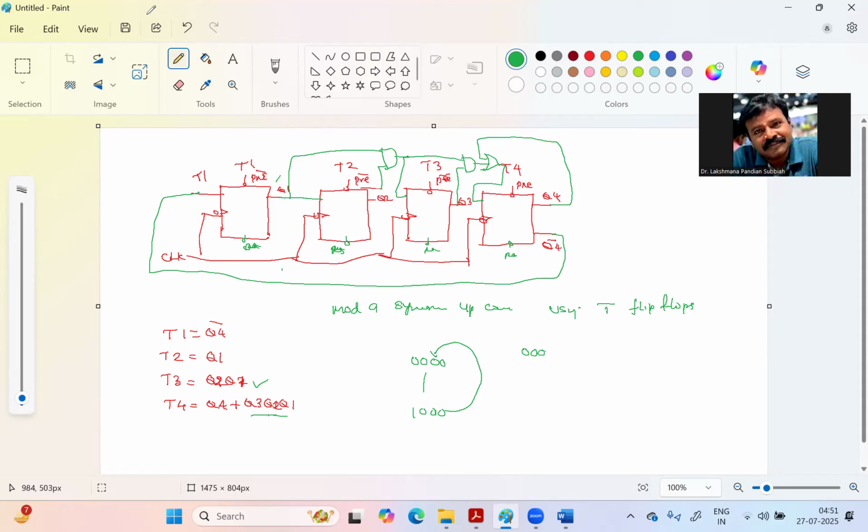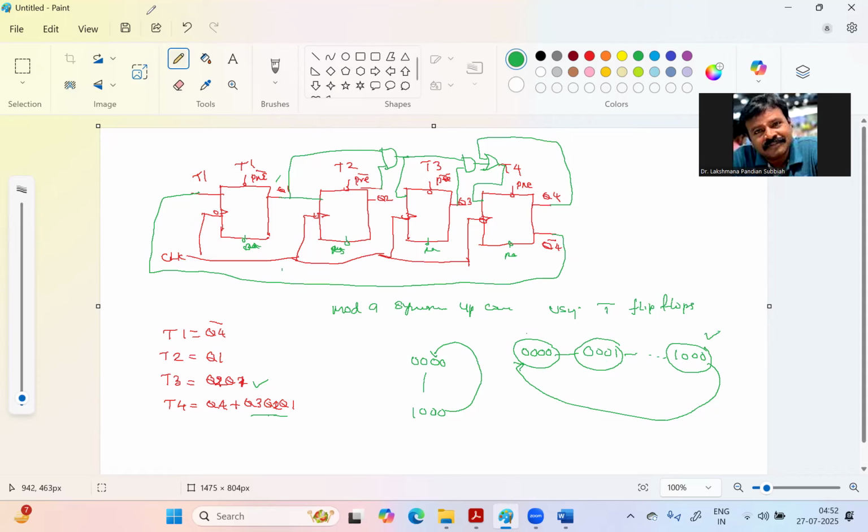So this one is 0000, 0001. Then we are going and so on up to 8, and then it will go back to here. This is the state diagram. Right?